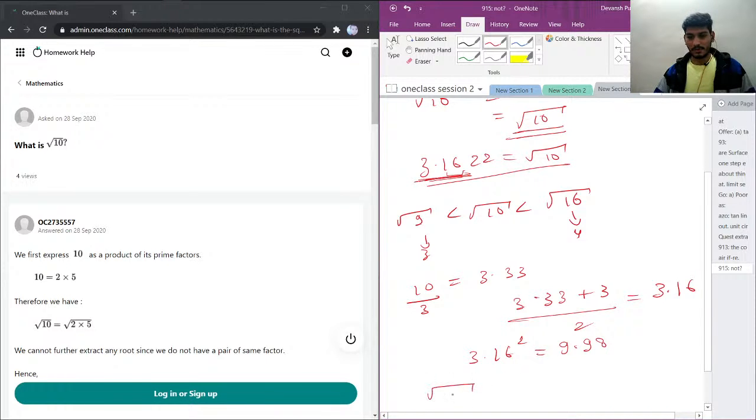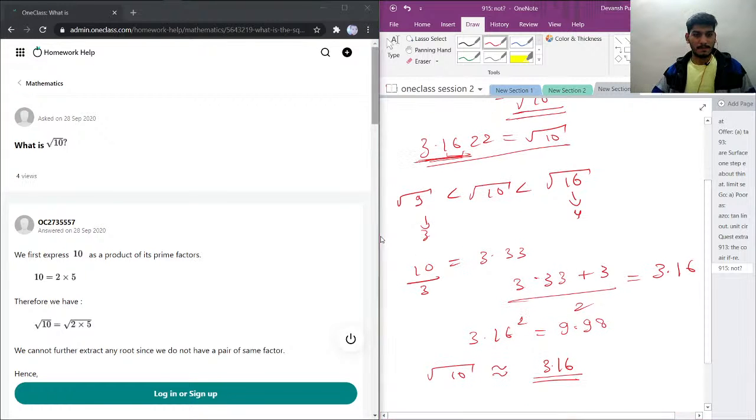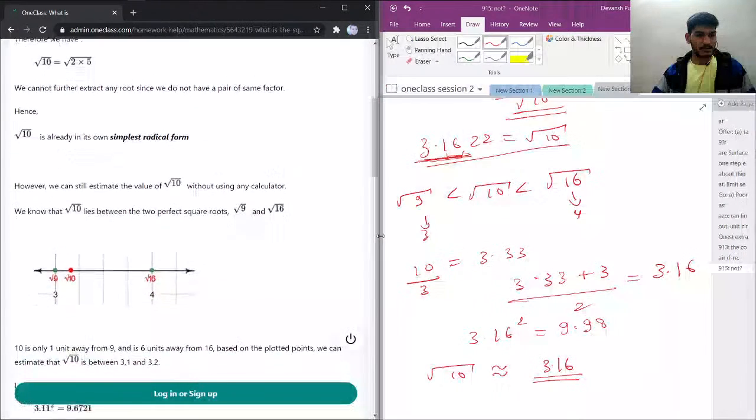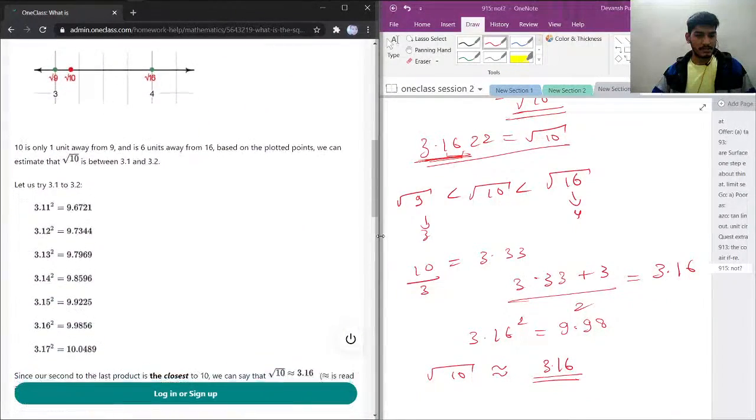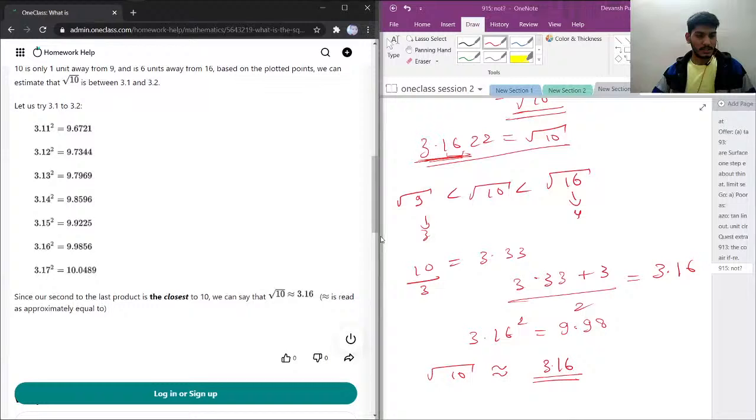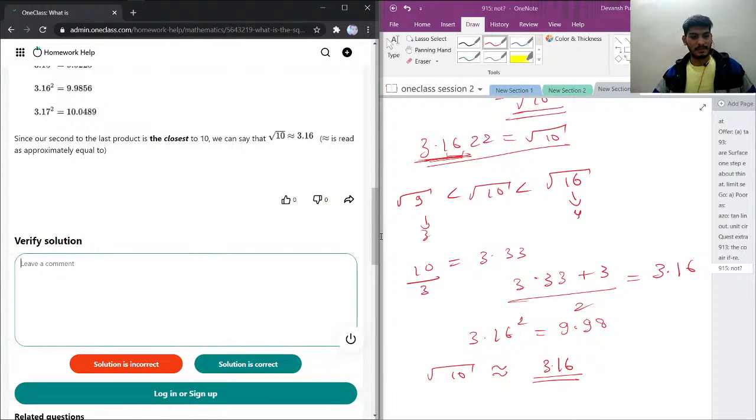So square root of 10 is approximately 3.16, and hence the solution given here is correct.